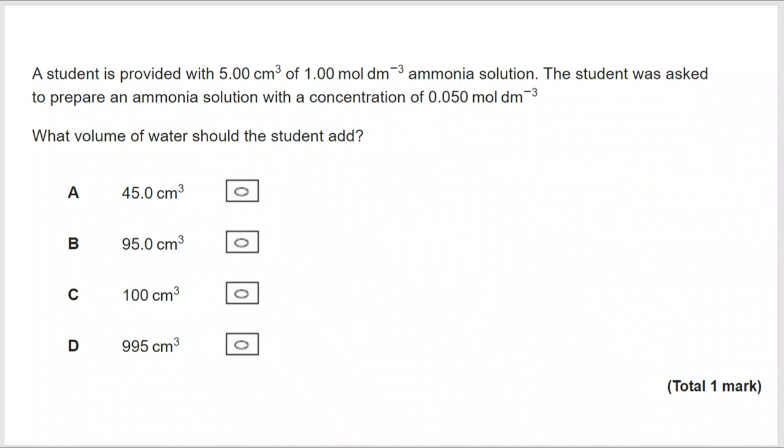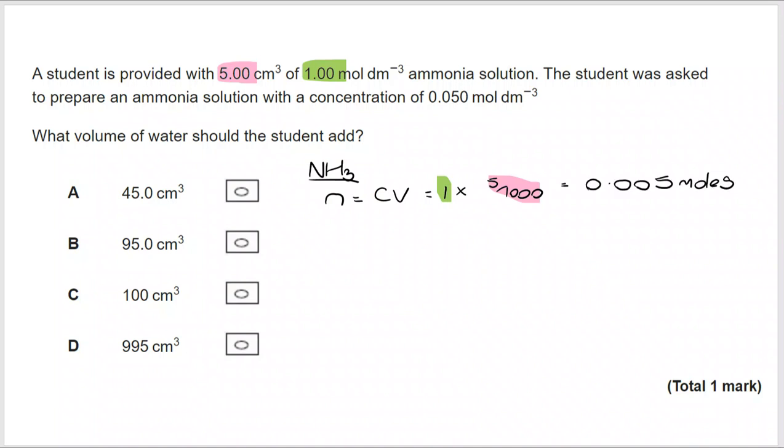And on here, we've got a volume, we've got a concentration of ammonia, and we want to make a different concentration of ammonia. How much water do we need to add? Again, we need to really consider what's being asked for here, but we can start off in a very straightforward way. My concentration and my volume, going to multiply them together, and that tells me that I've got 0.005 moles of ammonia.